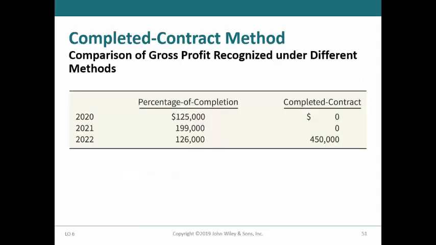This slide compares the recording of gross profit recognized by hard hat using the percentage of completion and the completed contract methods. Under the percentage of completion method, hard hat recognized gross profit over the term of the contract, but under completed contract, all gross profit is recognized when the contract is complete.